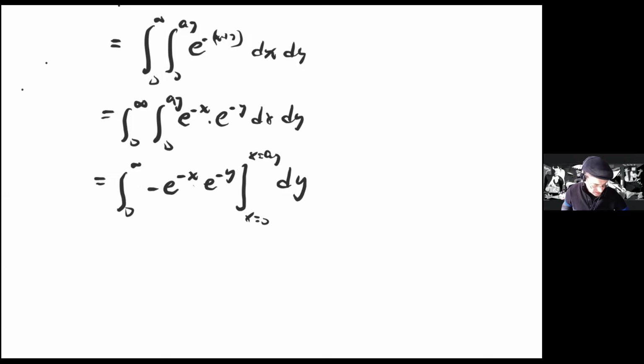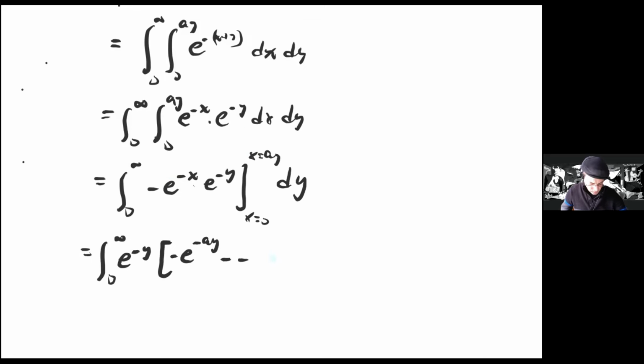Okay, so what do you get? You're going to get the integral from 0 to infinity of what? Well, the e to the minus y can come out, and what's left over is minus e to the minus ay. I've stuck that into this expression here, and then we have minus negative e to the minus 0, e to the 0, which is 1.